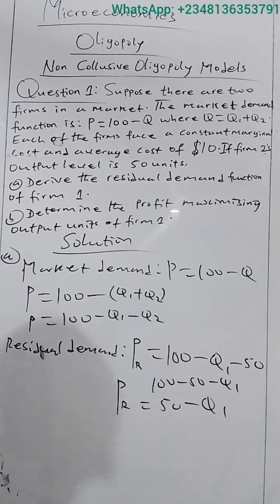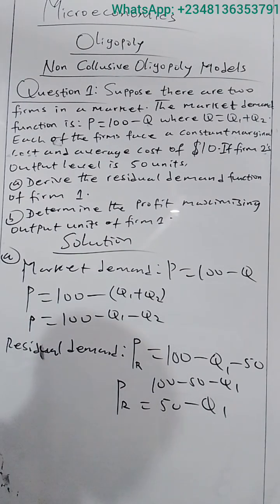Okay. Now, the next thing we are asked to do is to determine the profit maximizing output of firm 1. Don't forget, the residual demand is the difference between the quantity demanded fulfilled by a firm in the market and the total demand in the market.